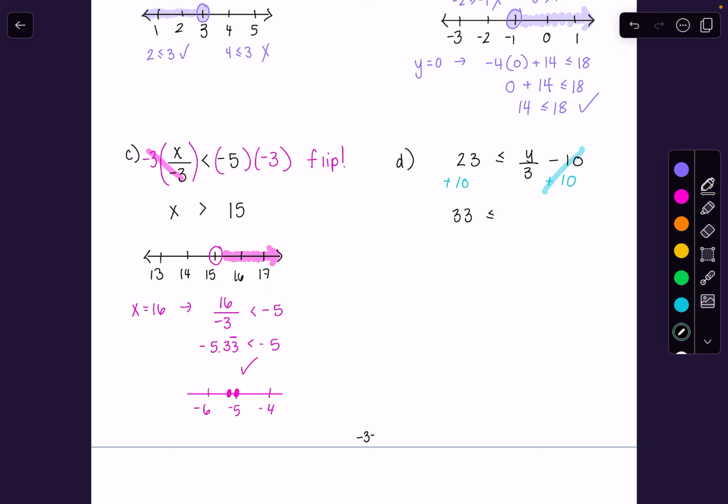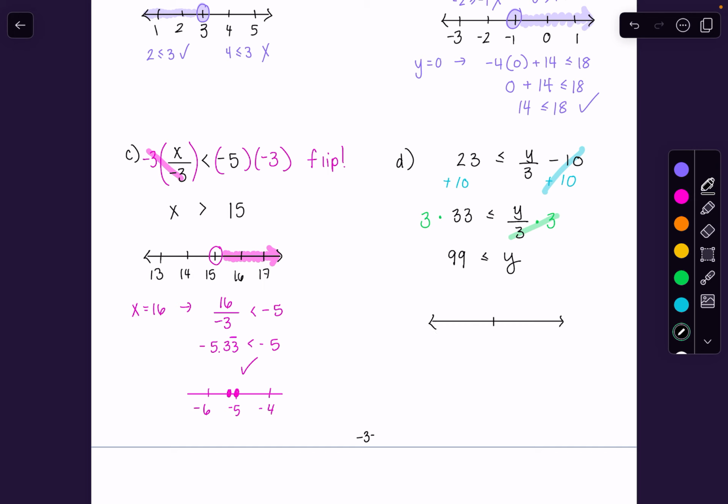And then we have y divided by 3 on the right-hand side. Then to undo this division, we go ahead and multiply both sides by 3 to make them cancel. 3 times 33 is 99. And we're just left with y. I don't have to worry about flipping my inequality sign because I was working with positive numbers when I was multiplying. So that is our solution.